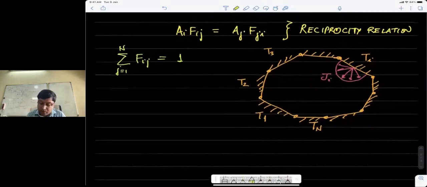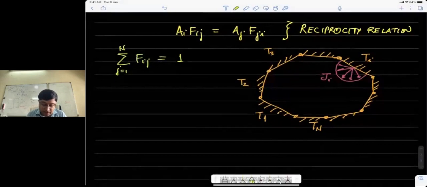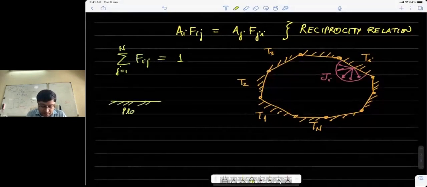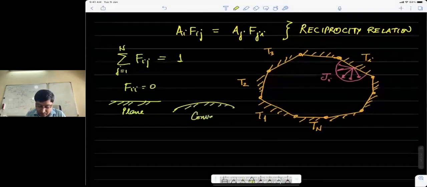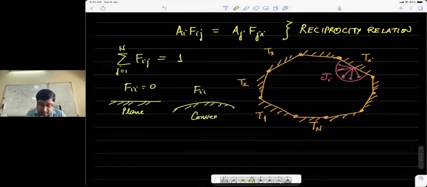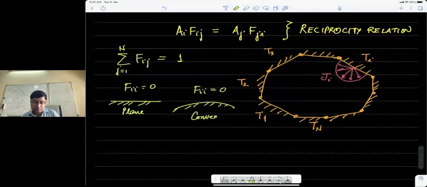The only way it cannot include the surface itself is if the surface is plane, in which case Fii is 0, or if it's convex, in which case again Fii will be 0. In both cases, radiation leaving one side will not reach the other side.